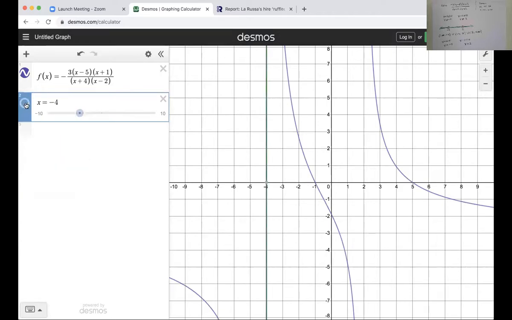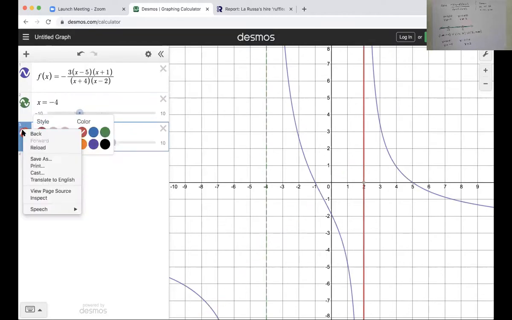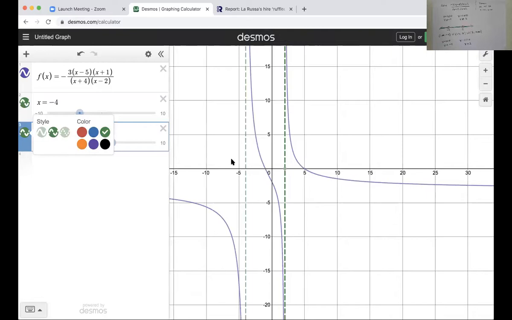We also want another vertical asymptote at x = 2, and zooming out, that seems to be the case. For the domain, if x = -4 or x = 2, it doesn't land on the graph, so those are not in the domain.